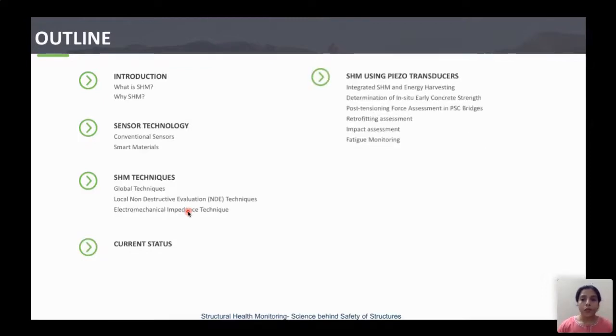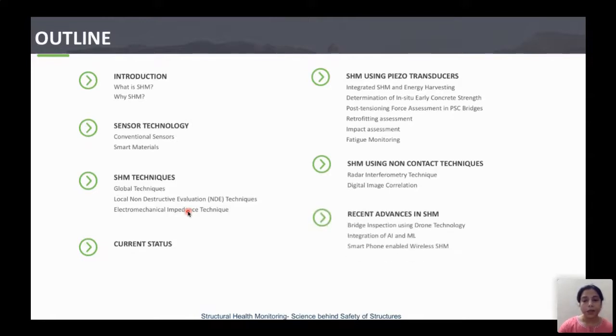After this, we'll be covering the R&D work in the area of structural health monitoring, specifically using the piezo transducers first, then using the non-contact type techniques, including the radar interferometry technique and digital image correlation, which we frequently call DIC. Then we'll see what are the recent advances in structural health monitoring.